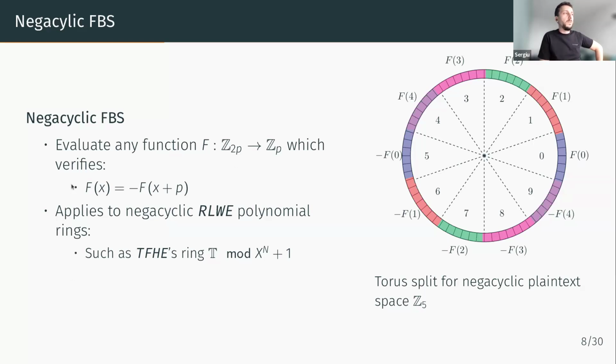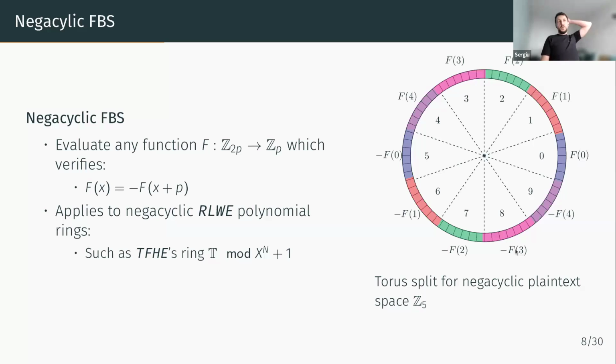must verify this relation. So if you look at the illustration, we have message space Z5, and when you look at the function evaluation side, the outer part of the circle, you'll see that for messages 0 and 5, for example, the output of message 5 will be the minus of the function evaluated at point 0, etc., for all the other points.